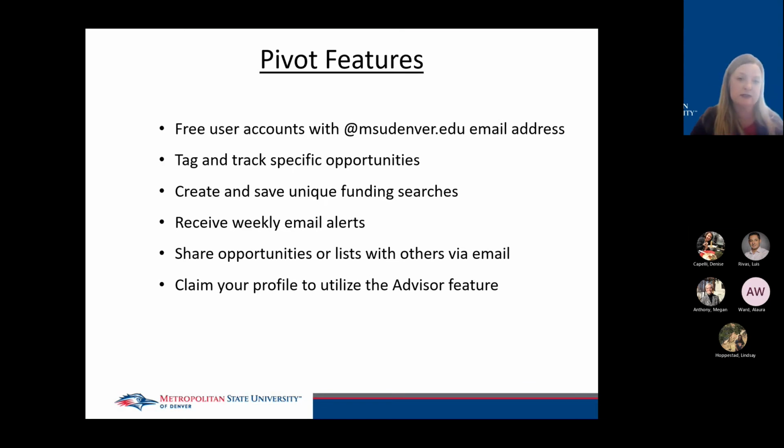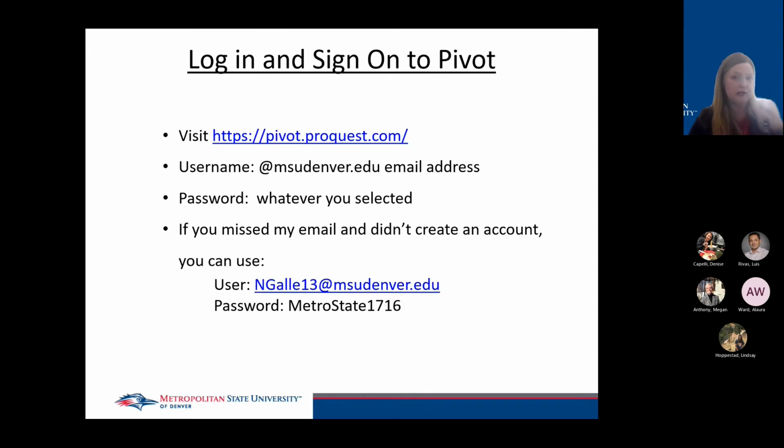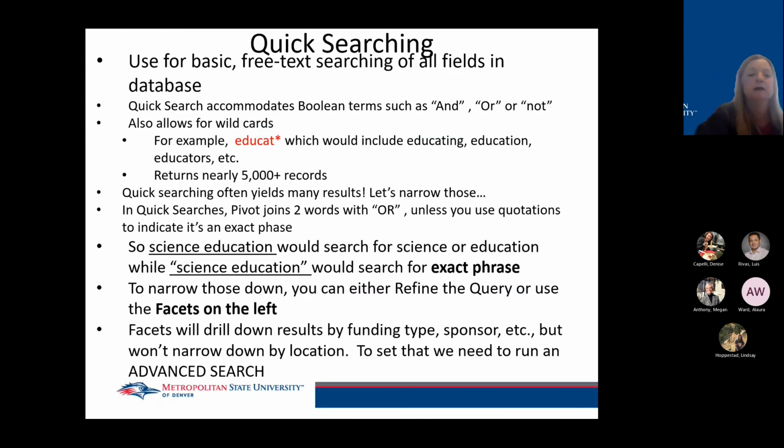You can share some opportunities and lists with other people via email, and you can also claim your profile to use the advisor feature. So if anybody did create an account, I would like to encourage you to sign on so you could try to follow along while I go over this. If you didn't and you want to go to the database while I do this presentation, you can use this email address. It's an old account that we created that you could use while we're doing the training.